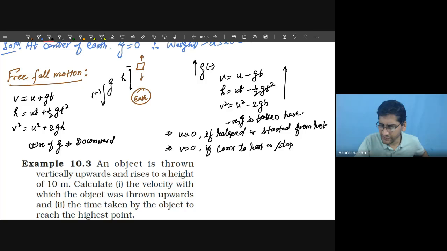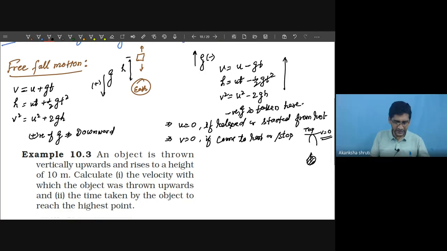We have learned that if the body is thrown upward, then at the top point, when it is going to change its direction, v is 0. This we have learned in chapter 1. So at the top of the journey of a body, its final speed becomes 0. These are the things that we need to keep in mind.